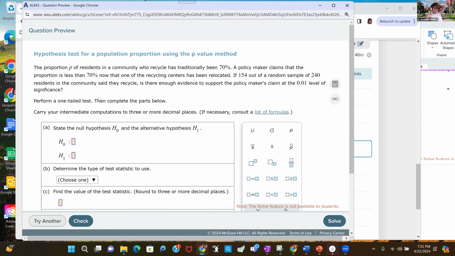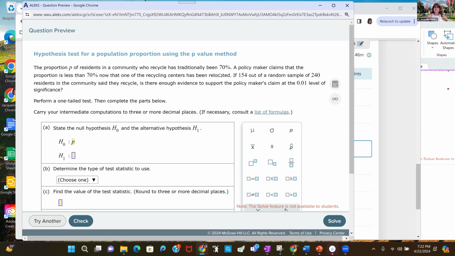All right, the proportion of residents in a community who recycle has traditionally been 70%. A policymaker claims it's now less than that since one of the recycling centers has been relocated. So a test is done. Is there enough evidence to support the claim that it's less than that now?